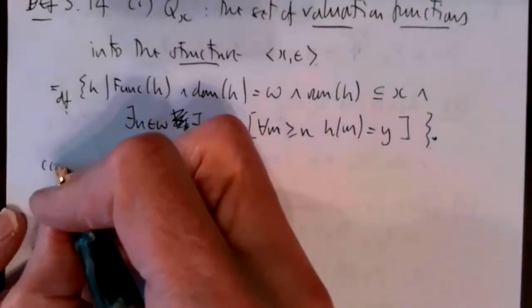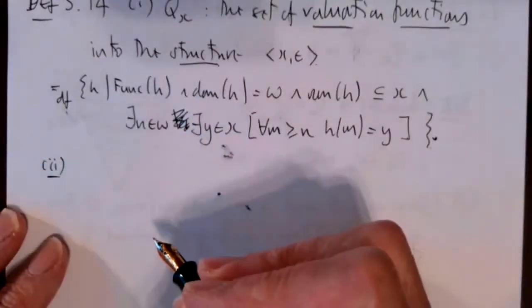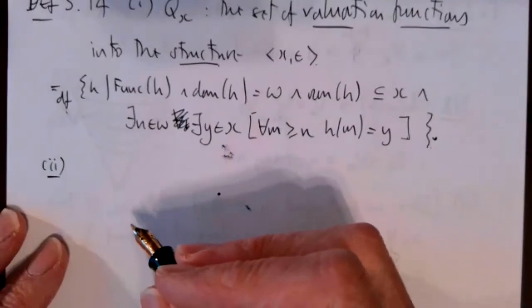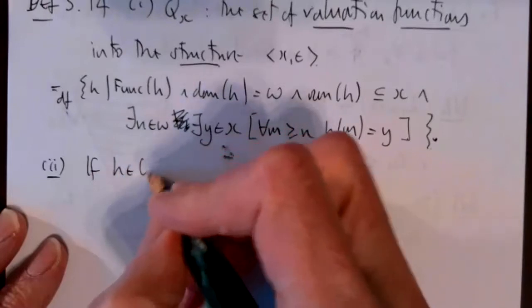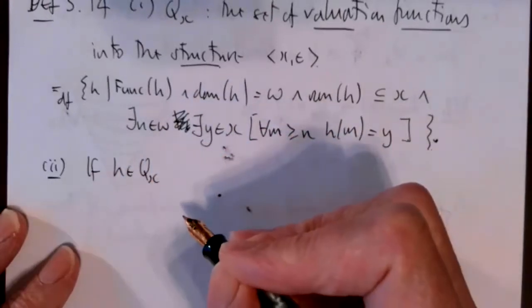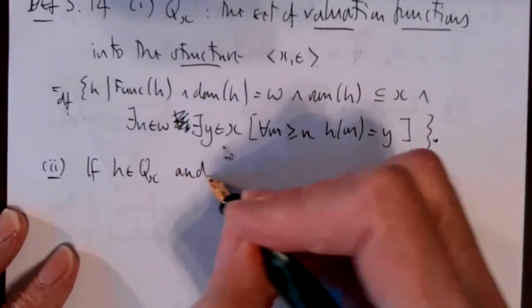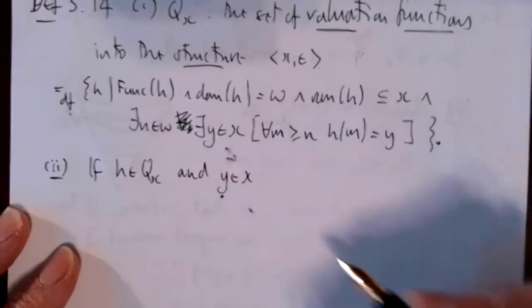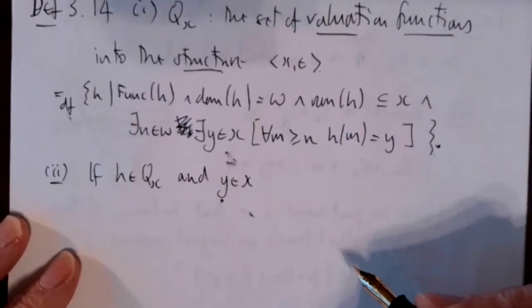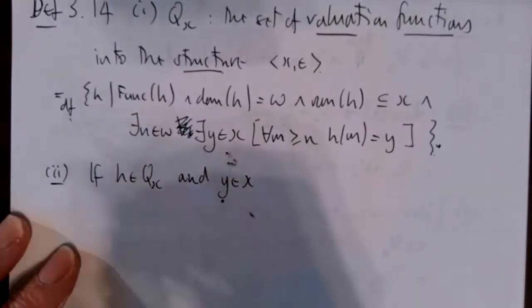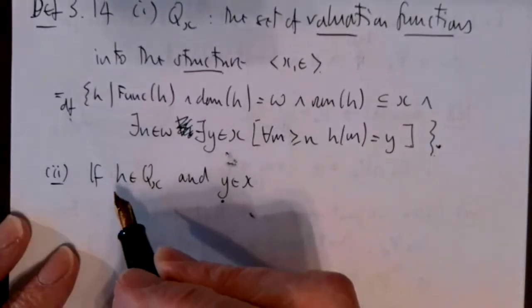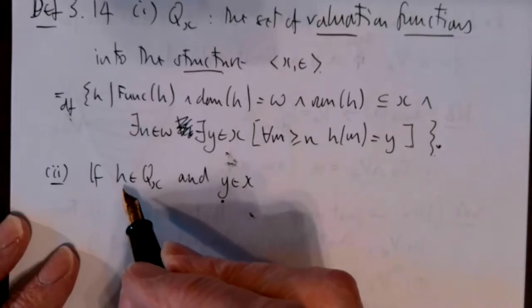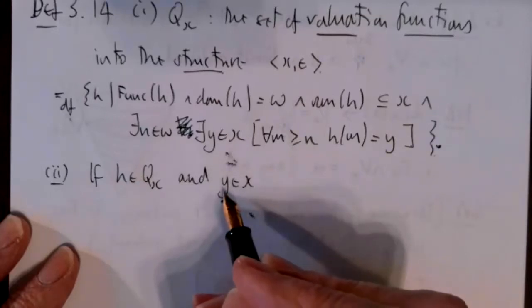So again, a piece of notation here. If I've got one of these gadgets, and I pick something in the structure y, I'll define the valuation that is just like h, except that at i it returns y.